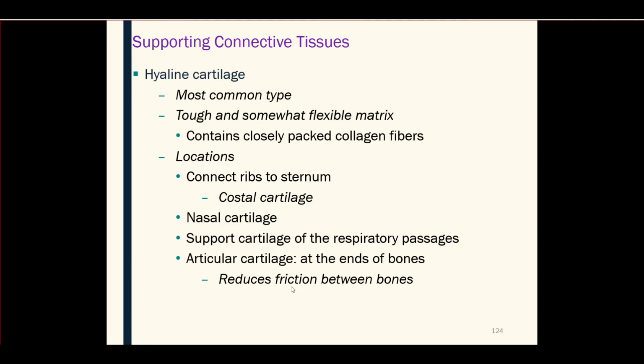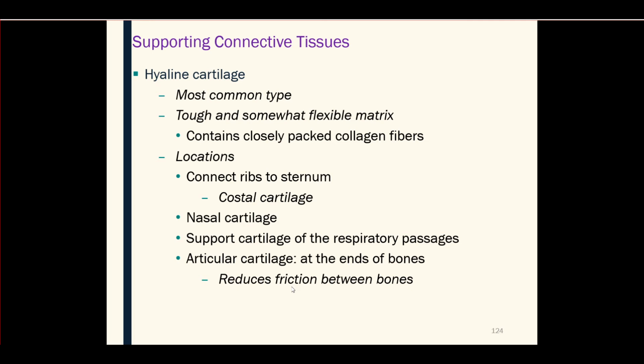The cartilage that keeps our nose shaped the way it is known as nasal cartilage. That is hyaline cartilage. The support cartilage of our respiratory passages, if you were to look at the trachea, the bronchi, we actually have these hyaline cartilaginous rings that keep those tubes open.